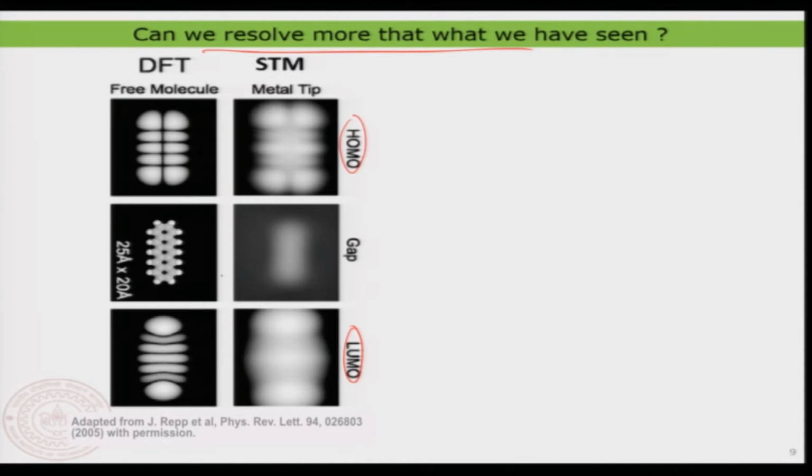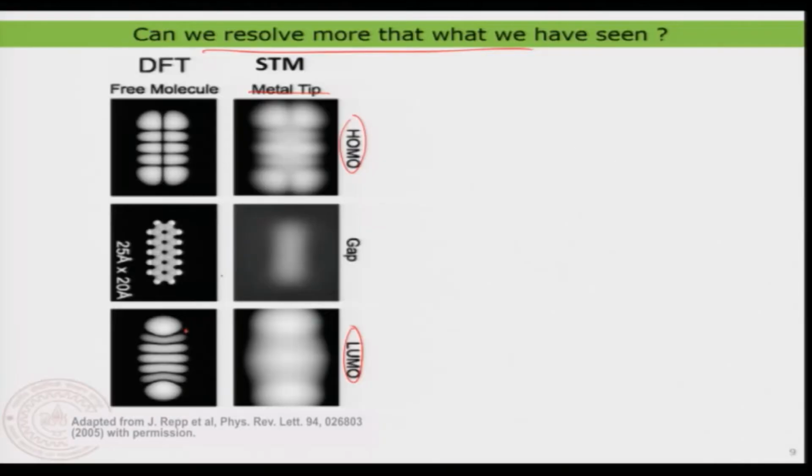When I do that with a metal tip, I can kind of reproduce the HOMO, but the LUMO is not that clearly reproduced. That means the metallic tip that I am using is probably not able to get into these tiny spaces, because the molecule itself is about 1 nanometer, not more than that.